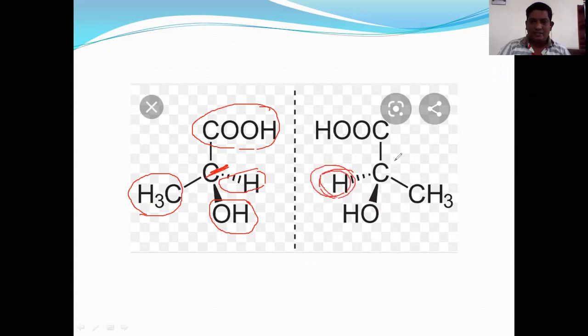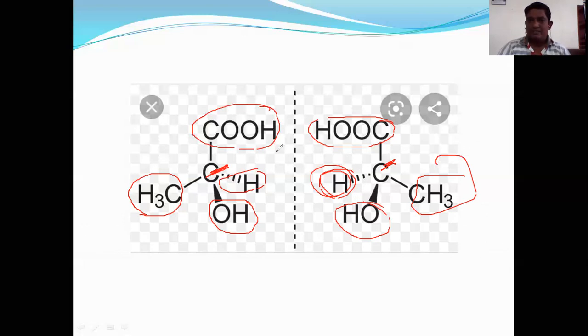Now this carbon is asymmetric: COOH is 1, hydrogen 2, OH 3, and CH3 is 4. A not equal to B, B not equal to C, C not equal to D. Now both isomers are chiral molecules containing stereogenic centers.